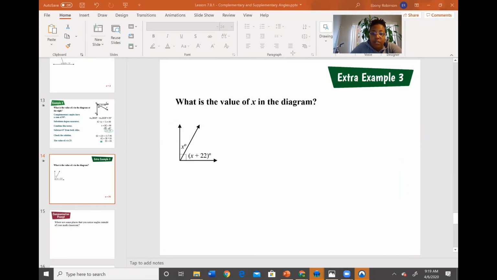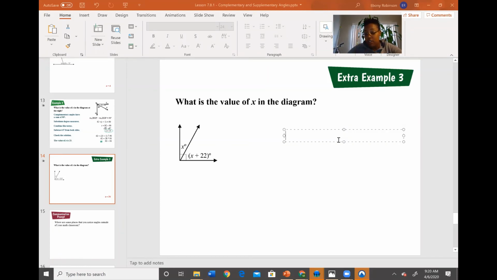All right. So what's the value of x in the diagram? How much are they supposed to equal? How much? Hopefully you said 90. All right, I'm going to run through this one. It's your last example, and then you're free to do your assignment for the week.